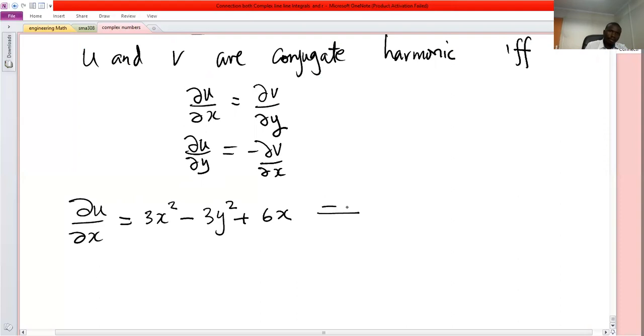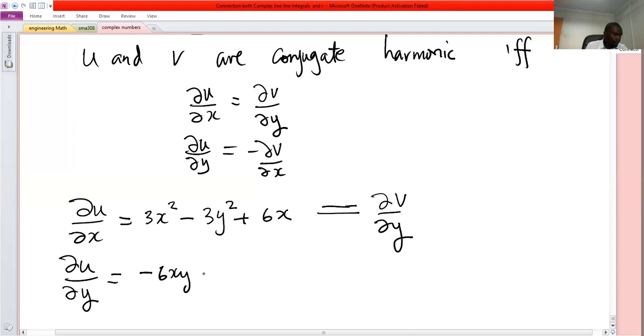This is the same as partial v partial y, and partial u partial y is equal to minus 6xy minus 6y. This is the same as negative partial v partial x.